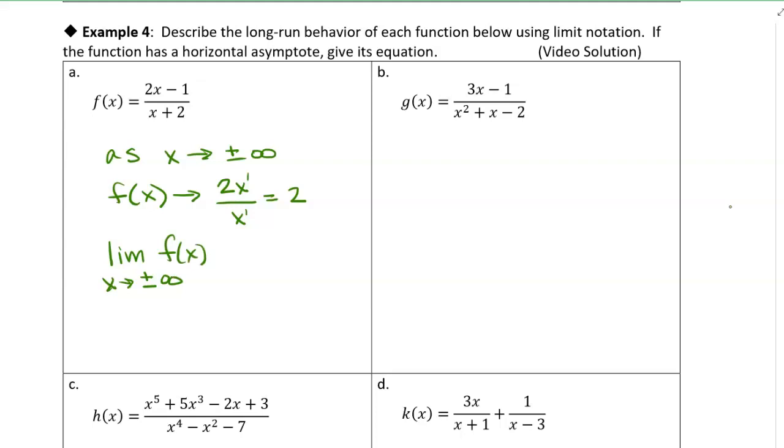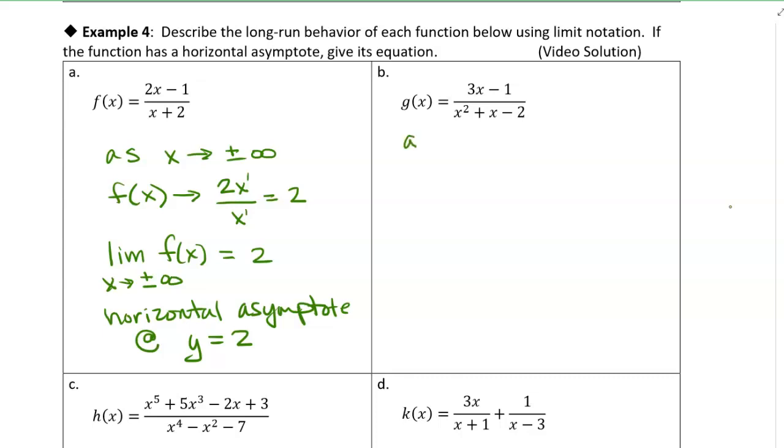As x goes to either plus or minus infinity, the limit of f of x is 2, and so we have a horizontal asymptote at y equals 2. Horizontal asymptotes are always y equals something, because the y value is constant all along that line.